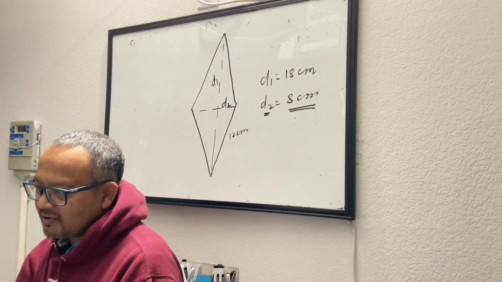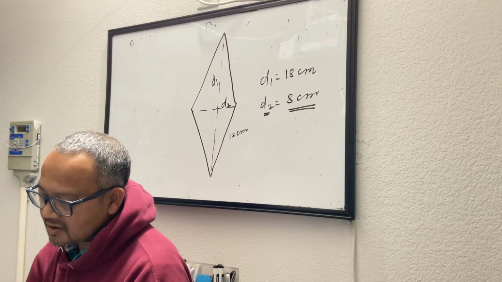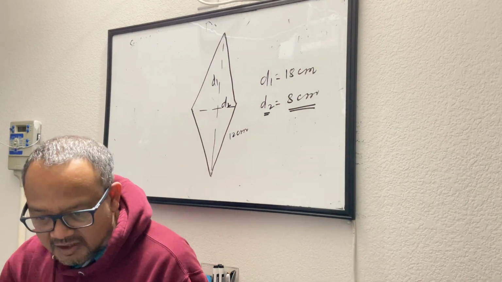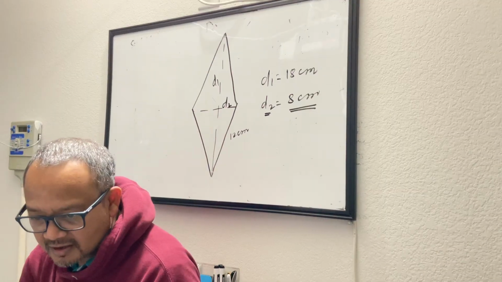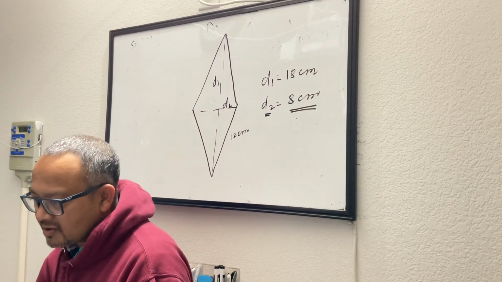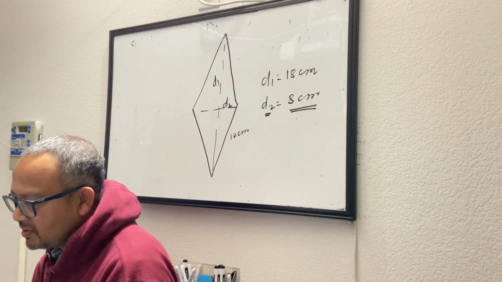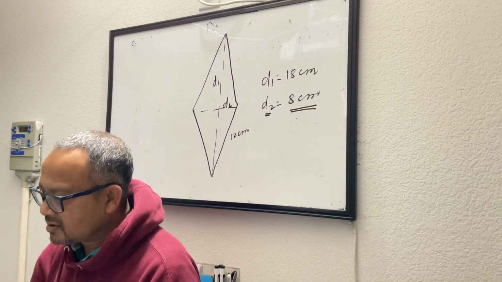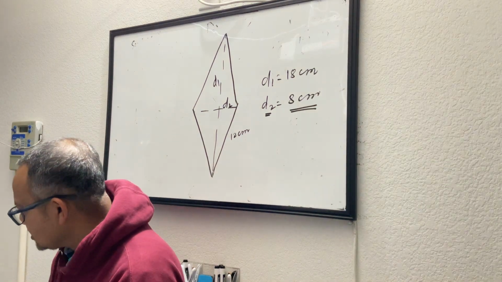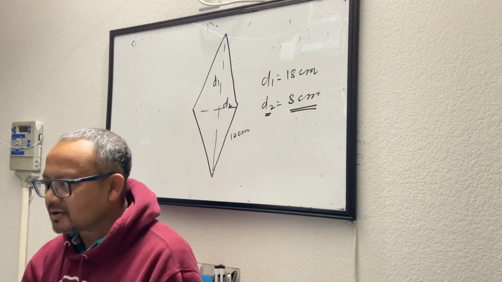Okay. Let's see what Rian's got. I got 72 centimeters square as area. And perimeter? The perimeter, I'm still doing. Okay. Mandeep? For my area, I got 144.